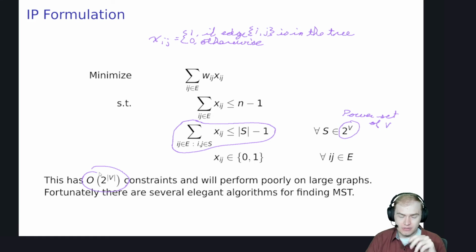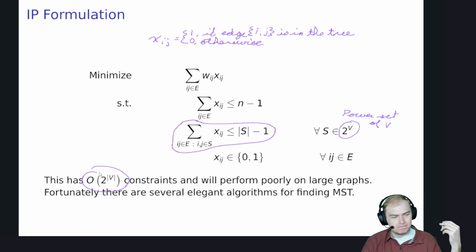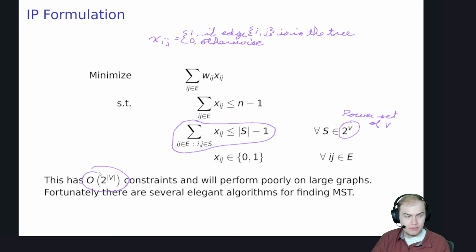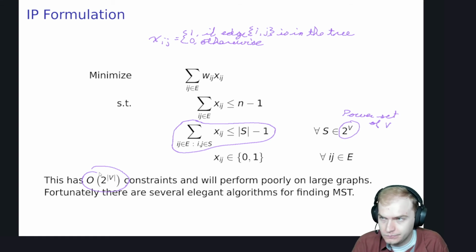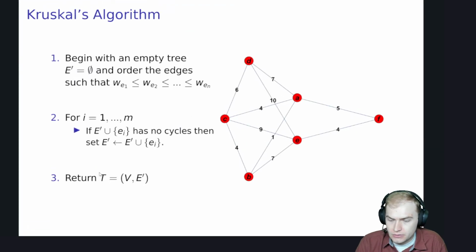Or the program is not always totally unimodular, so we don't always get integer solutions from a simplex algorithm for this type of problem. We'll talk more about that in DOR2 as well. Like I said, there are two very popular and very fast algorithms for this, and we're going to take a look at both of them.